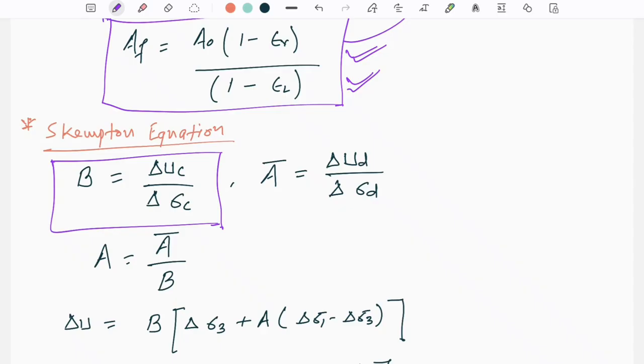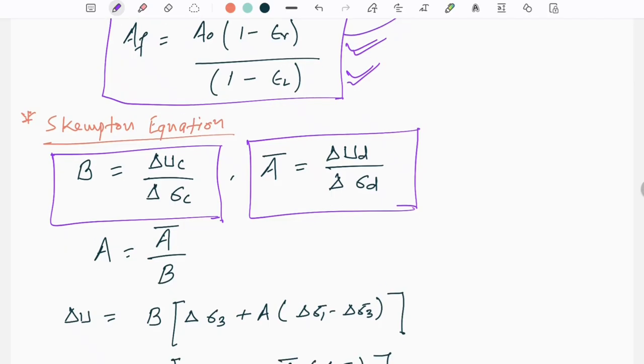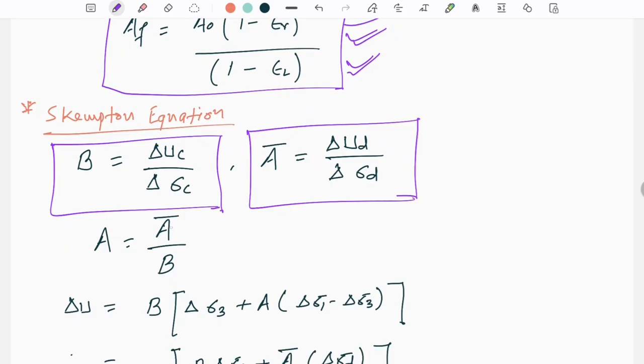And A bar is for the drained stage. A bar is del UD by del sigma D, and A is equal to A bar upon B. This expression is directly asked in the exam.